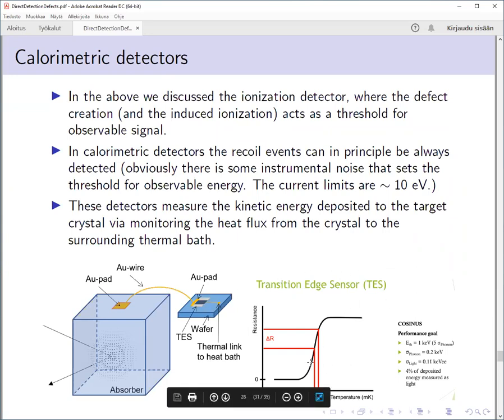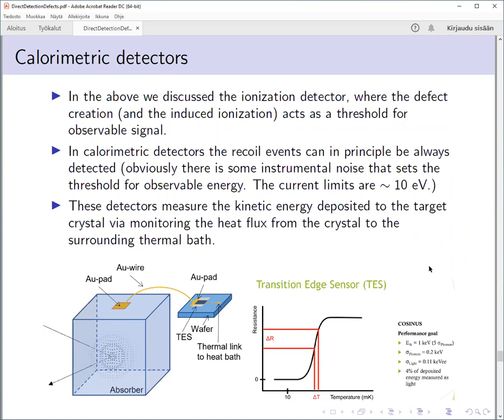This is a superconducting material that you keep just at the transition temperature. So any small change in the temperature of this sensor will dramatically change the resistance, and this you can observe.